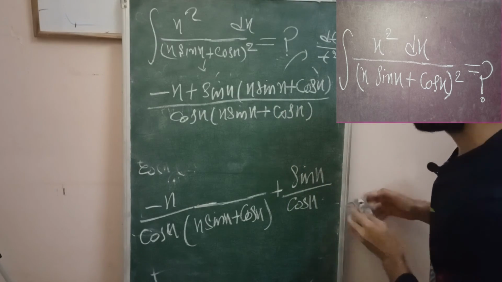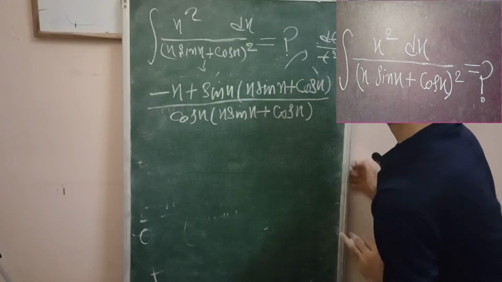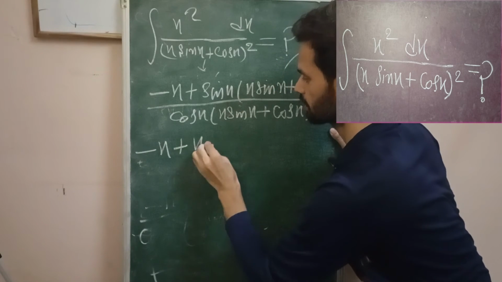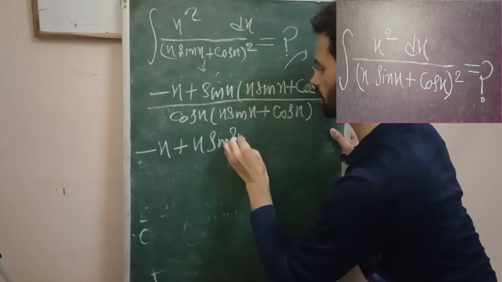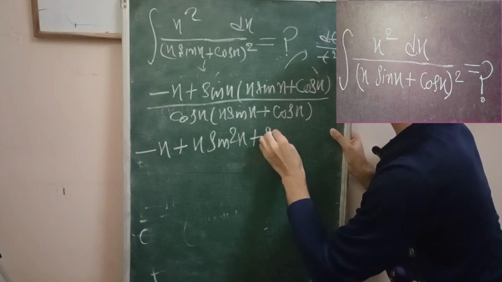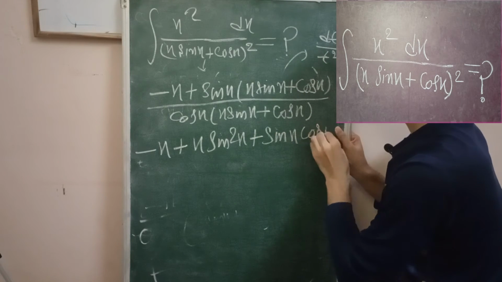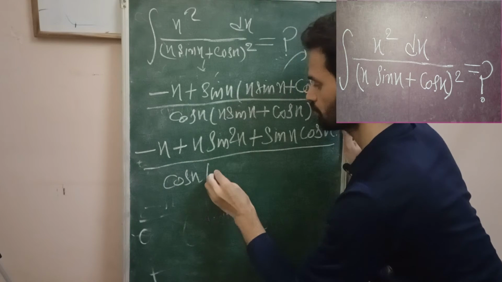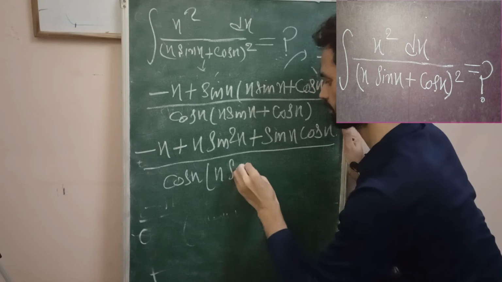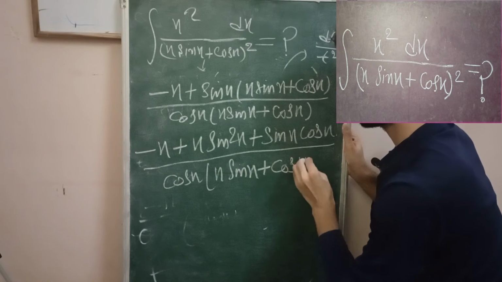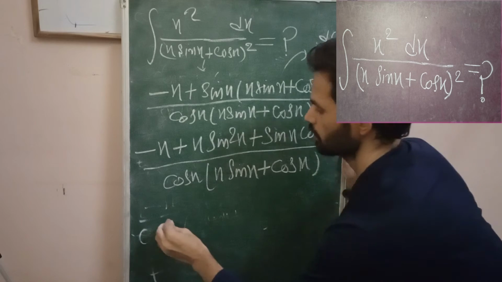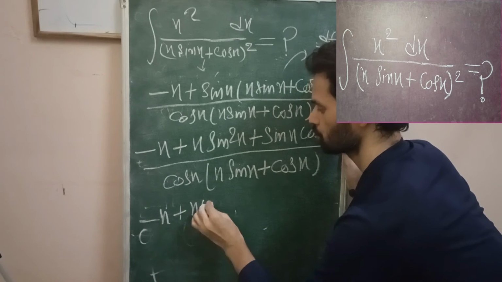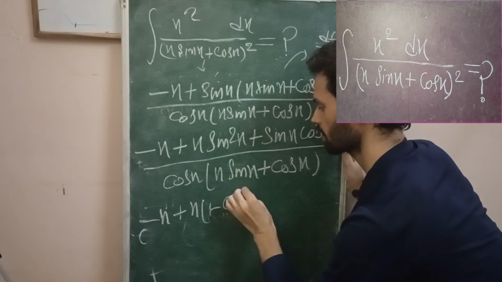Now see here, this is minus x plus x sin square x, just multiply inside, plus sin x cos x, divided by cos x into x sin x plus cos x. So now minus x plus x into 1 minus cos square x.